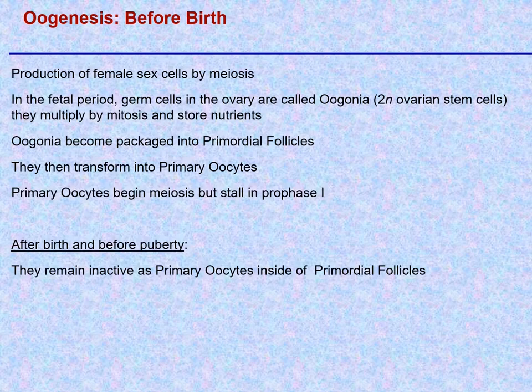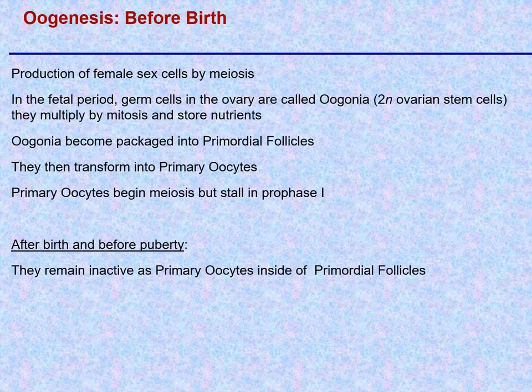during the fetal period, a female fetus creates germ cells in the ovary, and they're called oogonia. Singular is oogonium. And these are 2N diploid.